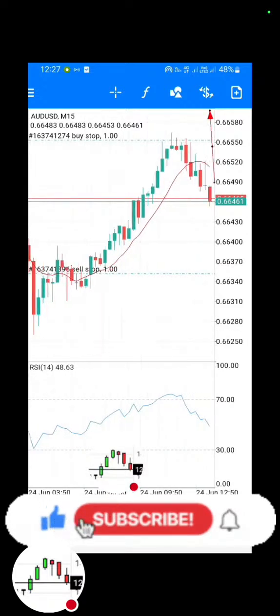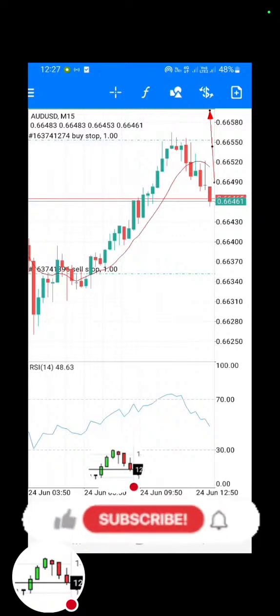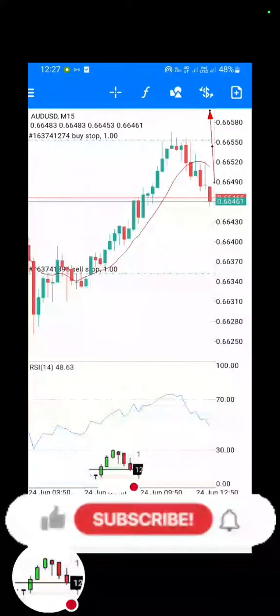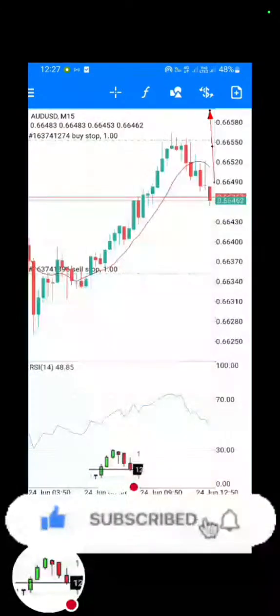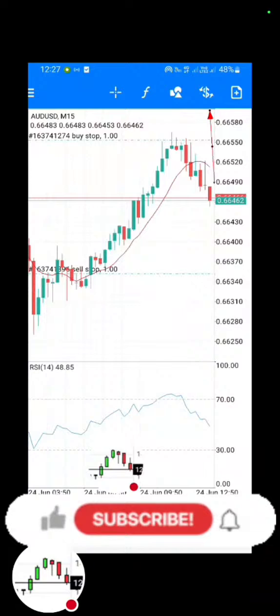After closing the sell stop, you are left with a buy position. It's vice versa of hitting the other one. In that case, you will be in profit. You have to close the other one very fast. This is how the strategy works. It's called the news trading strategy.